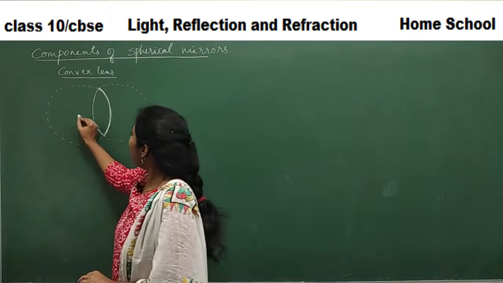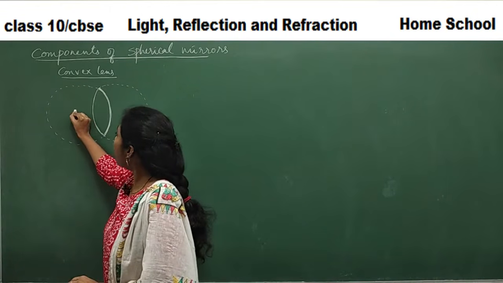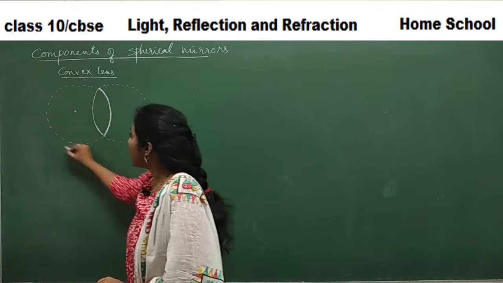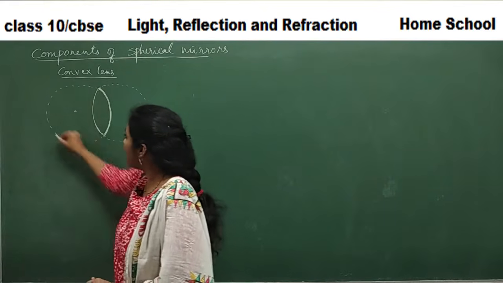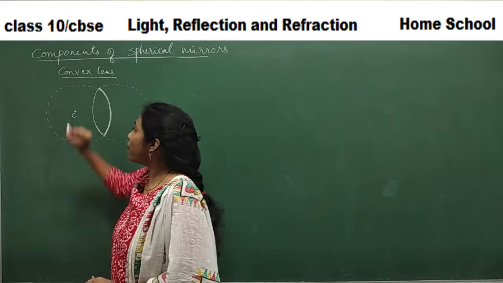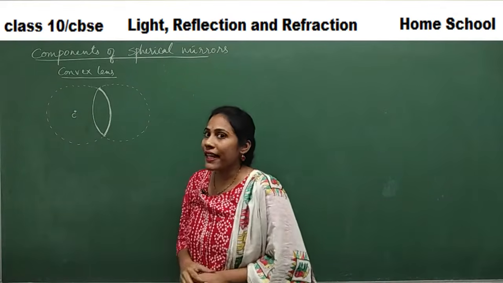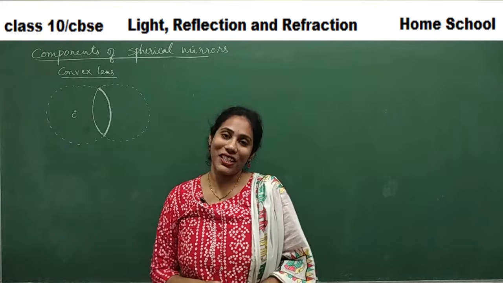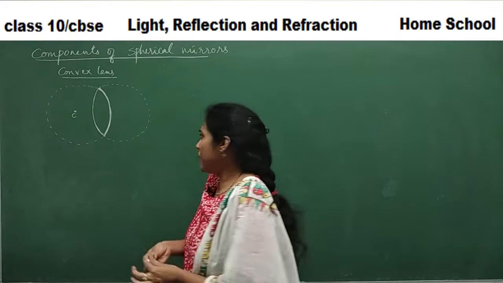Right? And can you tell me the center of this particular sphere? This is sphere number 1, and this center I will represent with C. What do I call it? Center of curvature. Like this, one more center is possible.